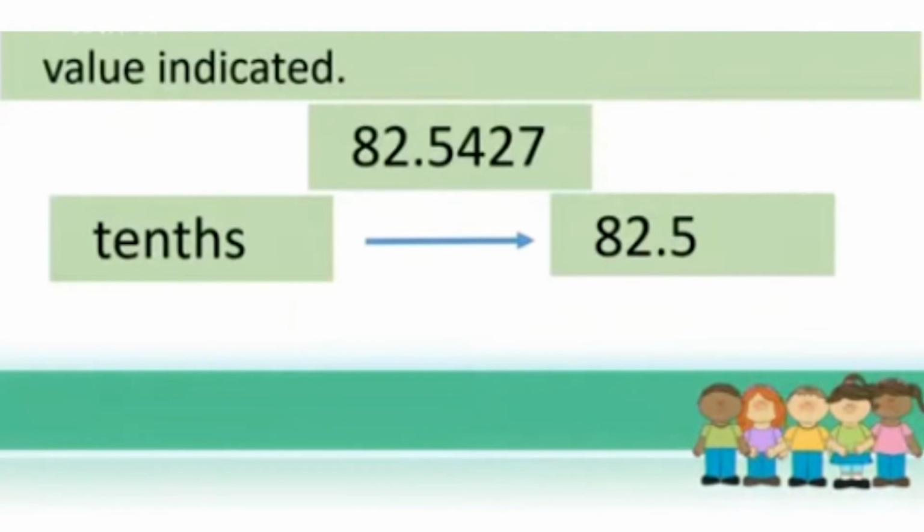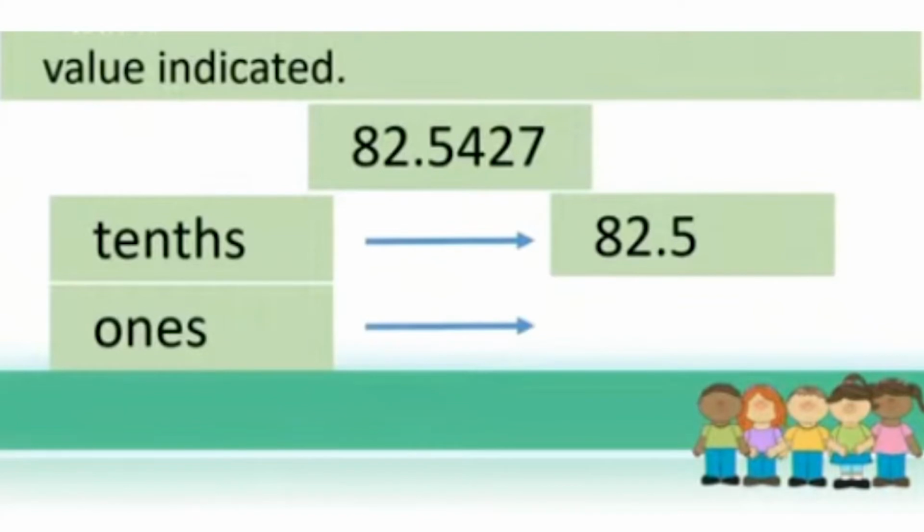Next, round to the ones place. What is the answer? The answer is 83. That's right. How did we get 83? The digit in the ones place is 2, and the right digit of 2 is 5.